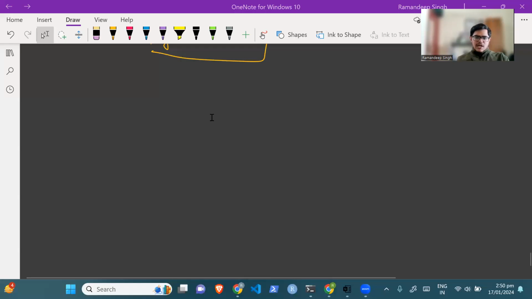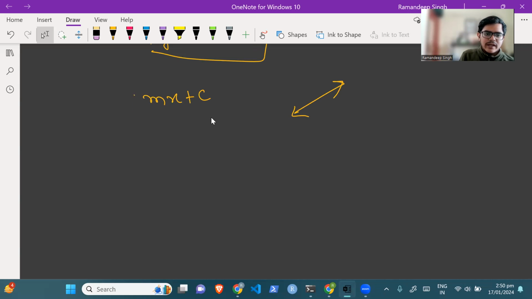So now our goal is, first we will see how our regression line changes when we change the value of m and c.